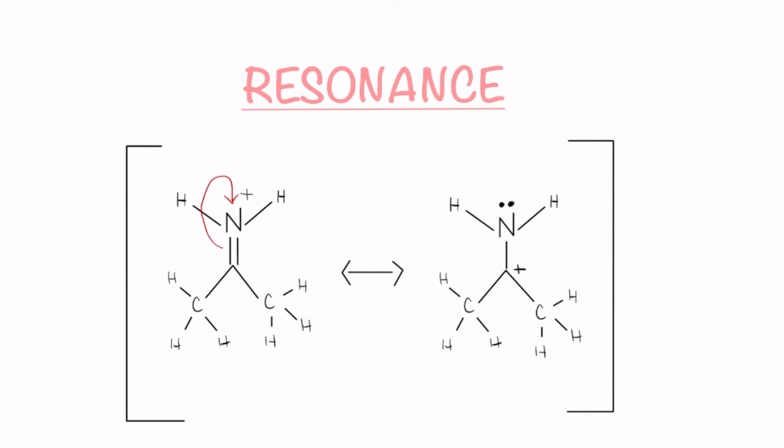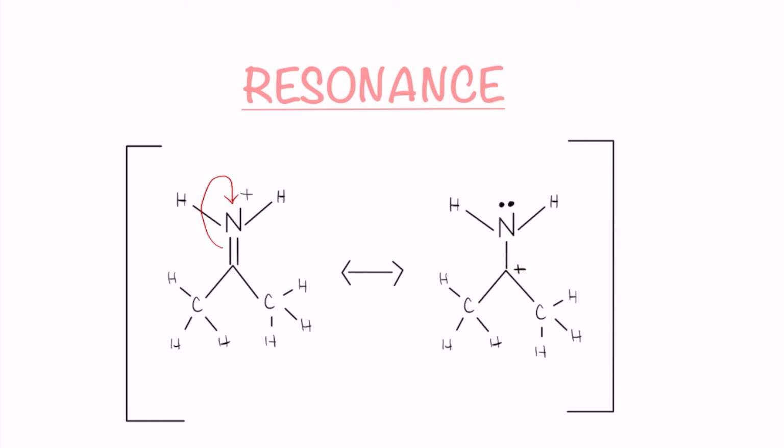Now if we look to the carbon in the beginning, we see here that it actually is going to lose a bond. So initially it had 4 bonds, 1, 2, 3, 4. And we know that carbon is happy when it has 4 bonds. But if we look to the right, we see that this carbon only has 3 bonds because it lost one of the bonds when making this new resonance structure. And so a carbon with 3 bonds is a carbocation because it's missing a bond.